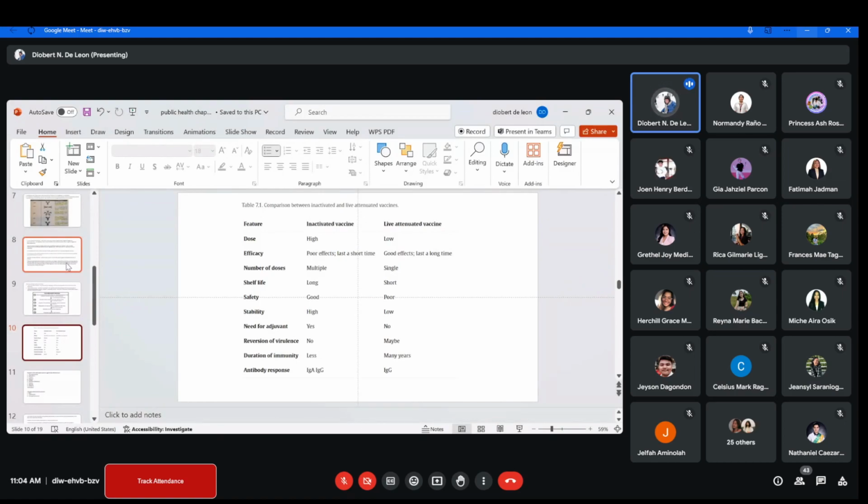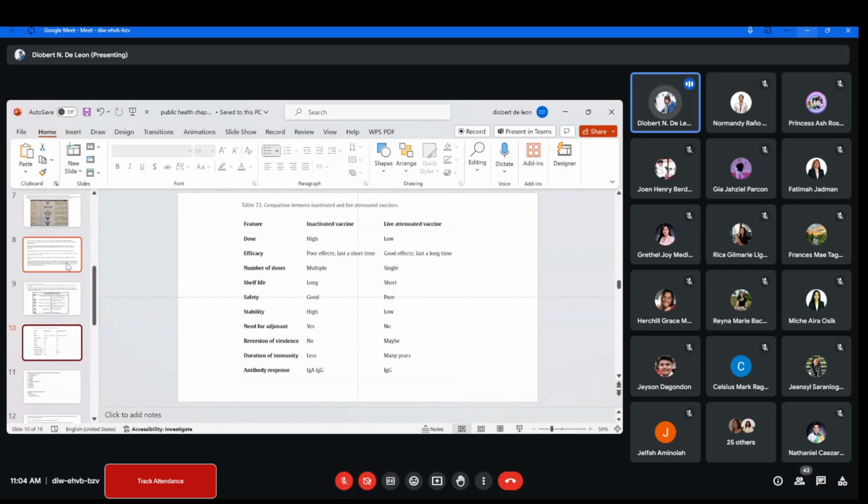We're talking about the product here, and shelf life for live attenuated vaccine is short. For inactivated vaccine, its safety is good, while for the live attenuated vaccine it is poor. The stability of the inactivated vaccine is high while the live is low. Need for adjuvant, yes for the inactivated, no for the other.